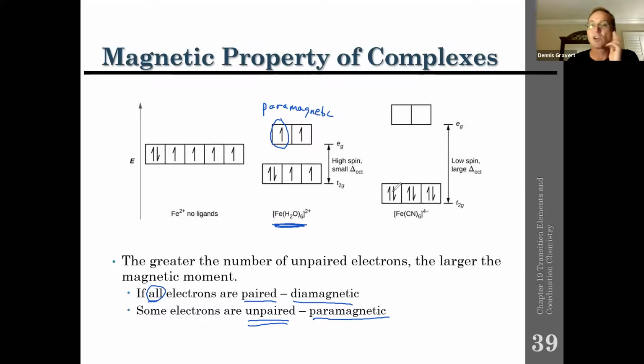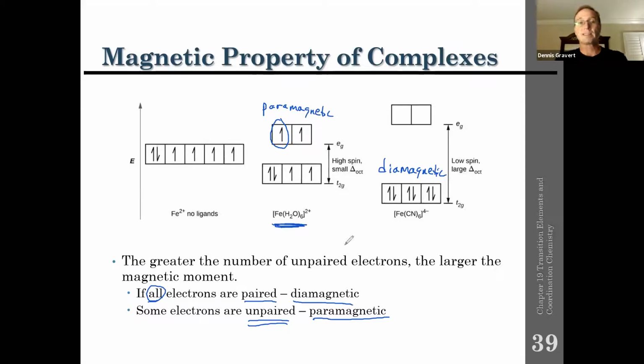Everybody's all paired up. There are no unpaired electrons. This material is diamagnetic. It's going to make a lousy magnet. This material could make a good magnet, which is kind of interesting. If you have these 2 molecules in solution, you can put a magnet in there and attract these away from those. Cool.